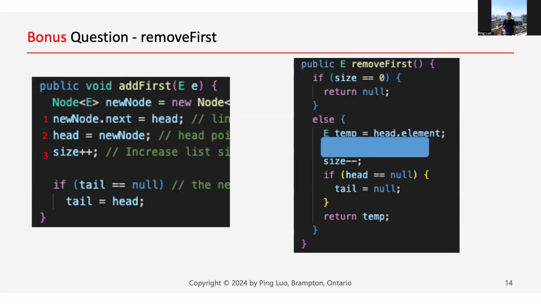There's one statement missing. We can get the element in the head node and return that value. Of course, we need to decrease the size of the list because one element is removed. But what should we do here to complete this code?